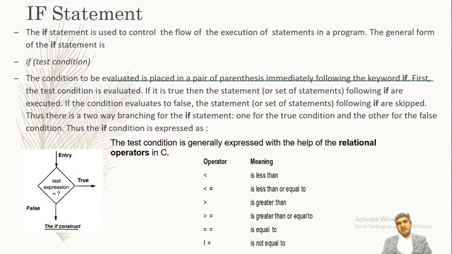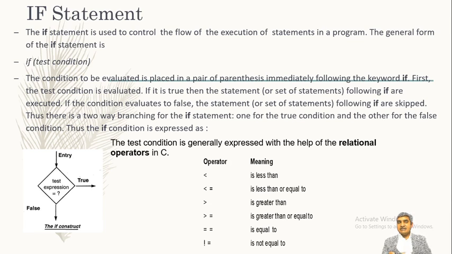If statement. The if statement is used to control the flow of execution of statements in the program. The general form of an if statement is if, then a condition. There is a pair of parentheses immediately following the keyword if.